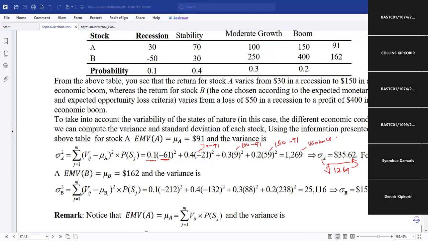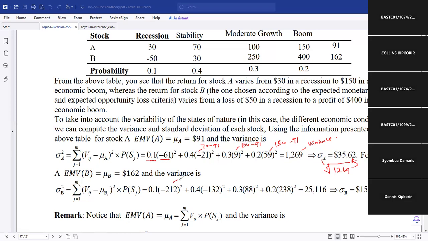The variance for stock B has been computed in the same way. So taking each and every observation minus the expected value, which is 162. Vij, negative 50 minus 162, giving us this higher value.